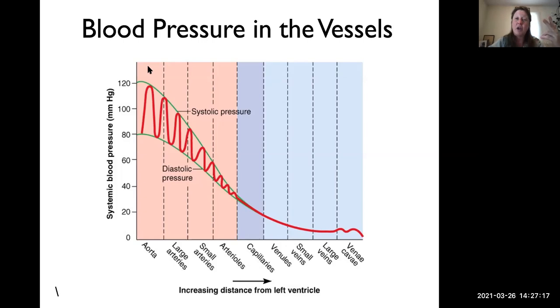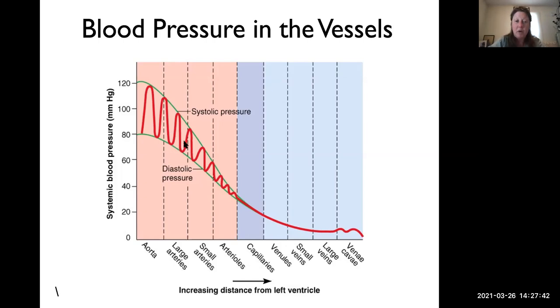Well, afterload is what we're concerned about here, and that's why we look at blood pressure. Because if that pressure is high, that means that the afterload for the left ventricle is also high, and it's having to work harder to push its blood into the arteries because the pressure of the blood in the arteries is pushing back against it.